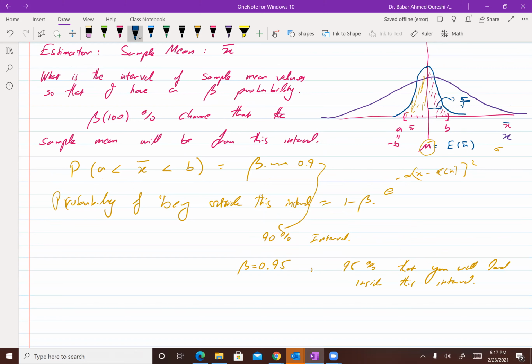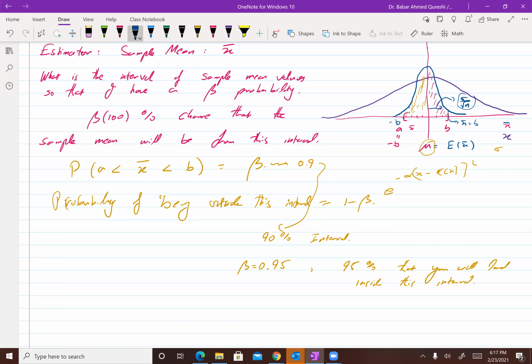Using the normal distribution, which is totally defined by its standard deviation and its mean, you could compute this value for x bar, which I'm calling b, and minus b, so that the total area under this curve is 0.95, and you could just compute it.